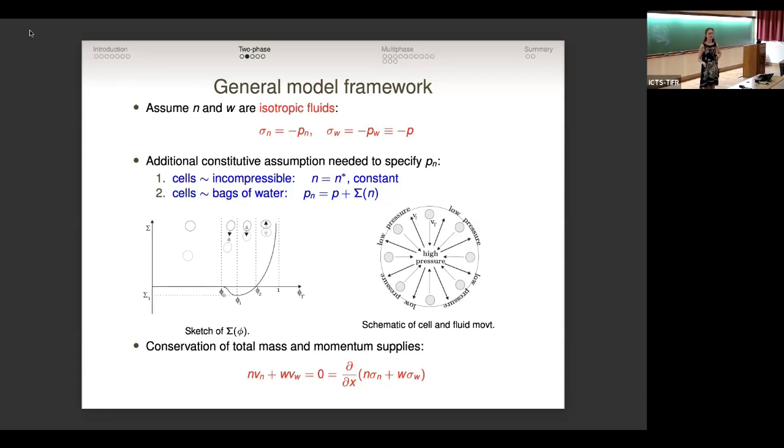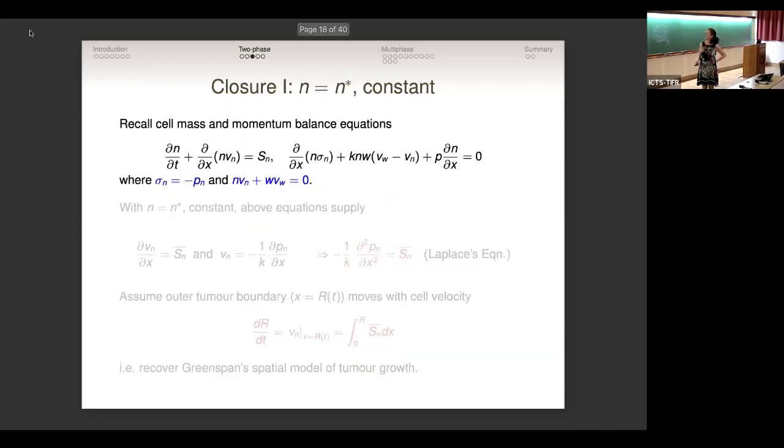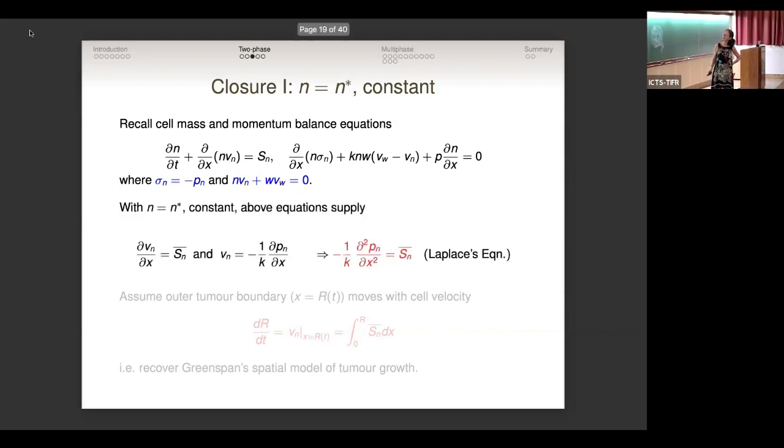Are we happy? Great. So let's walk through the consequences of assuming n equals n star. So if you look at the mass balance equation, if you put n equals n star, I've just summarized the equations here for you. If n equals n star, then the mass balance equation reduces to dvn by dx equals Sn divided by n star, right?